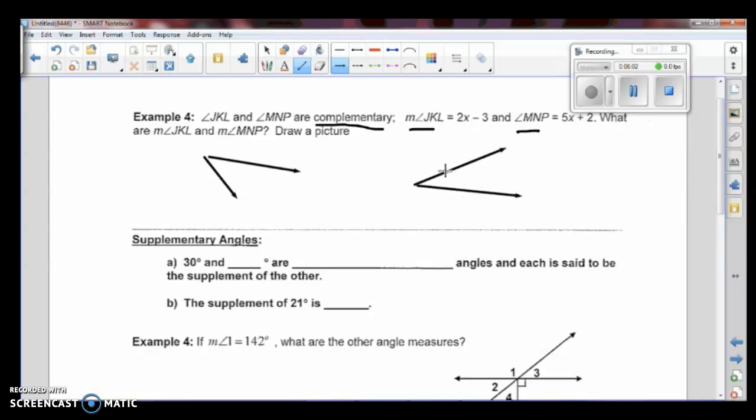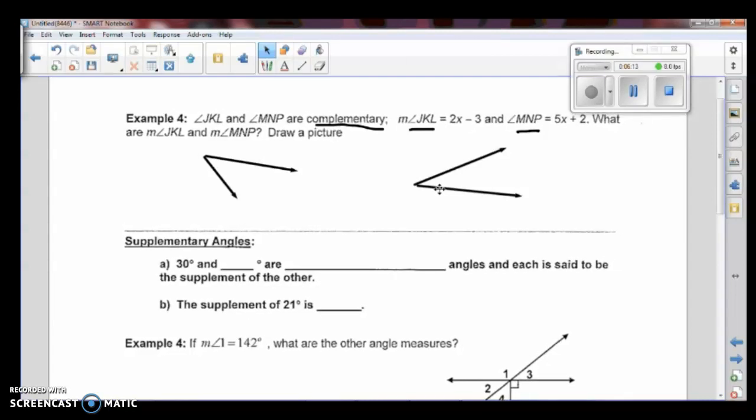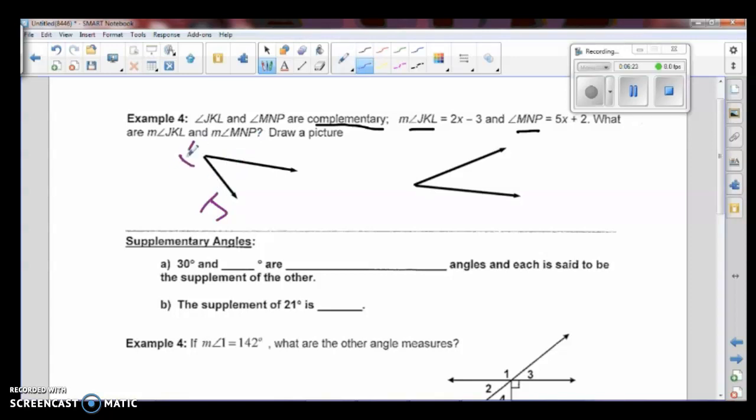Now it's tempting to connect these, but they don't have any common rays that they share. There's no letters that are the same here. So we're just drawing two angles. But the main thing that we have to realize, let's label our angles first. Want to be very rigorous with that.